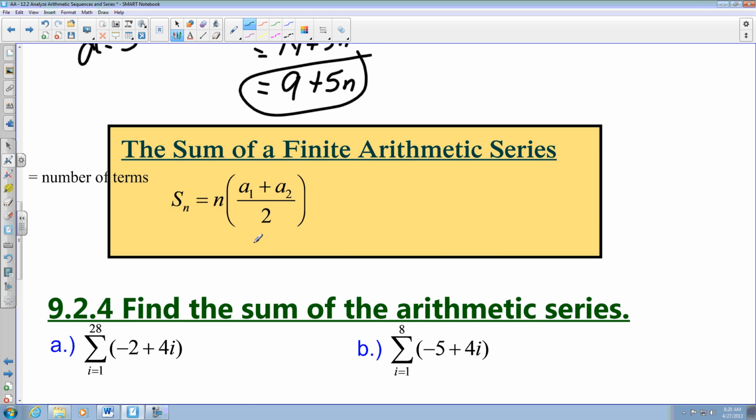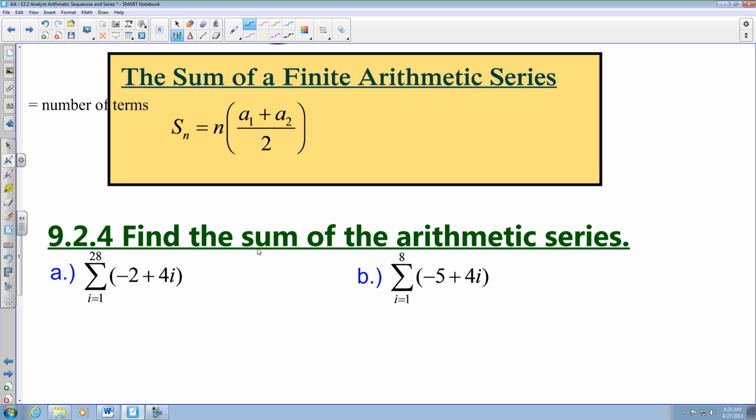Let's look at some sums of finite arithmetic series. So if they tell you where the series is going to start and where the series is going to end, I know we can use the sum by using this general equation, where S of n equals n times the quantity a sub 1 plus a sub n, all divided by 2.